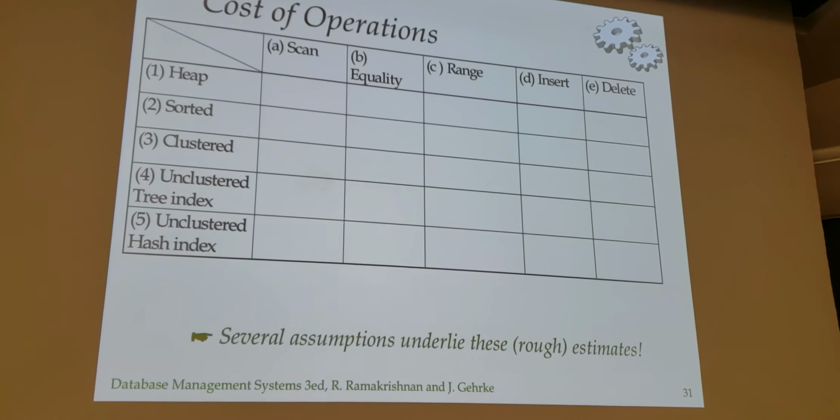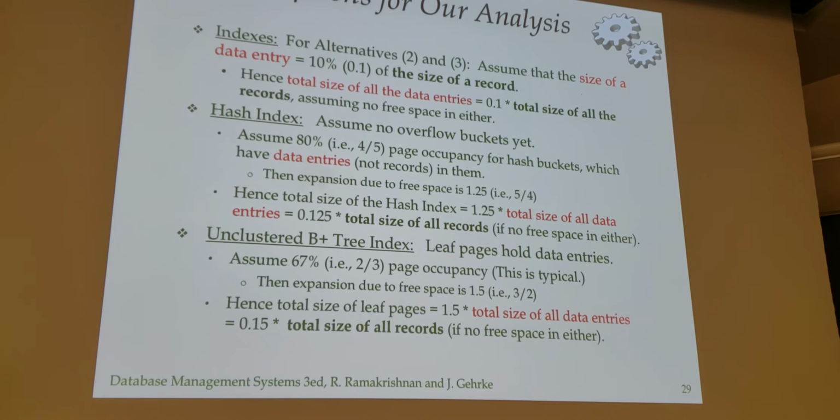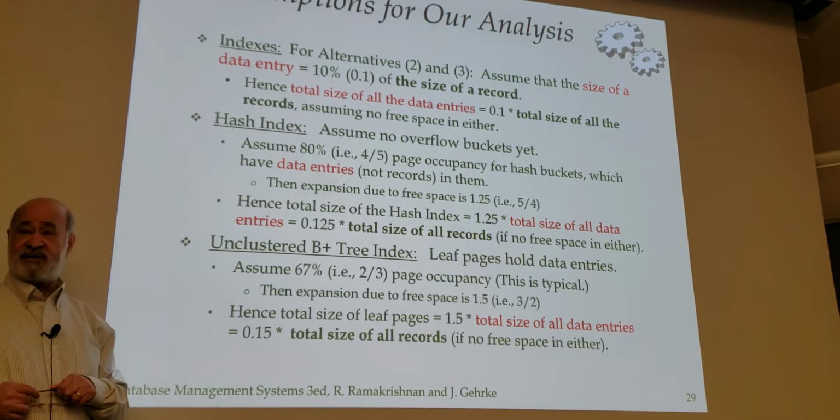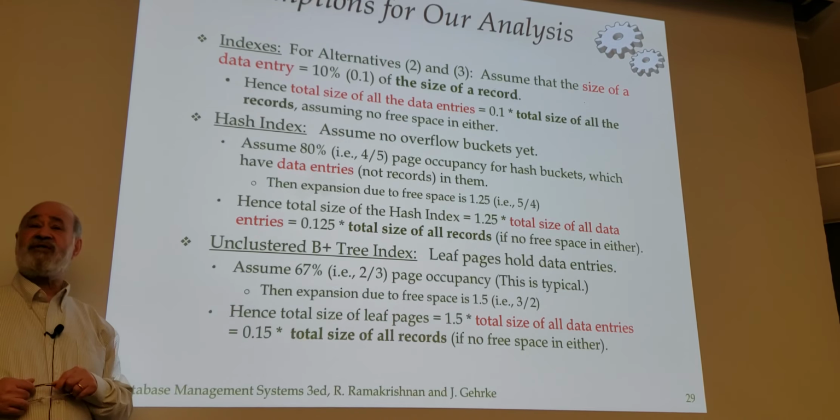And the BDR is going to be the time to get all the records. Again, let's just go back and go through where that comes from. That's why this chart is so important. The total size of the leaf pages in an unclustered index is 0.15 times the total size of all the records.